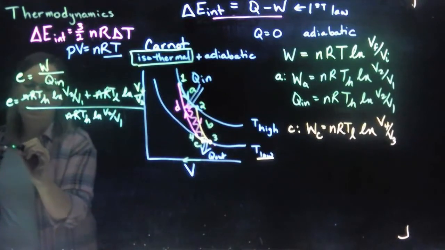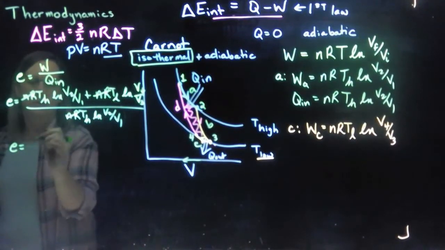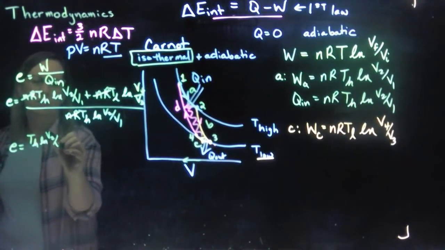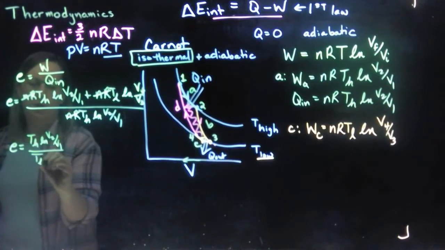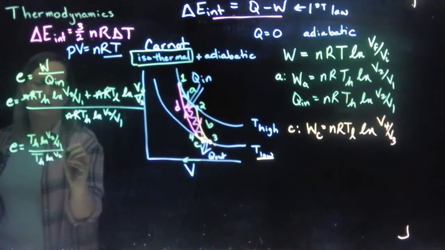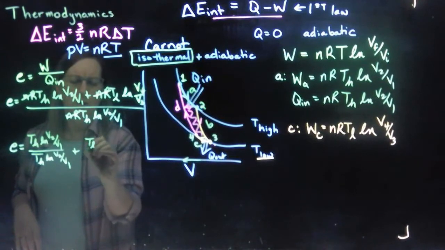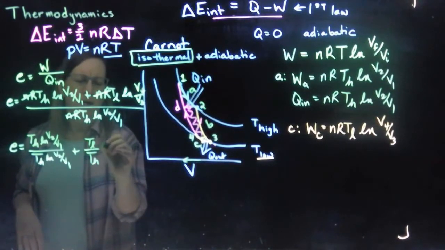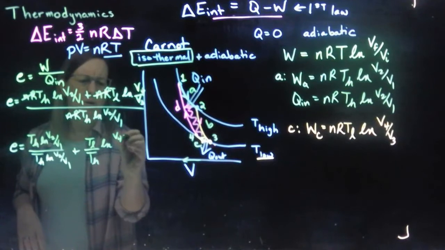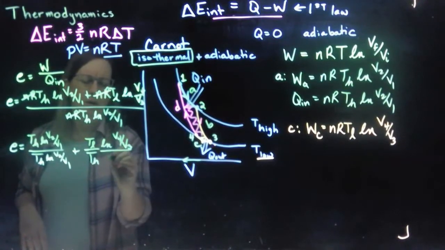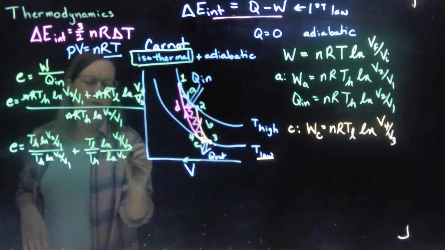So the efficiency is equal to T_H natural log of V2 over V1 over T_H natural log of V2 over V1, plus T_L over T_H natural log of V4 over V3 divided by natural log of V2 over V1.